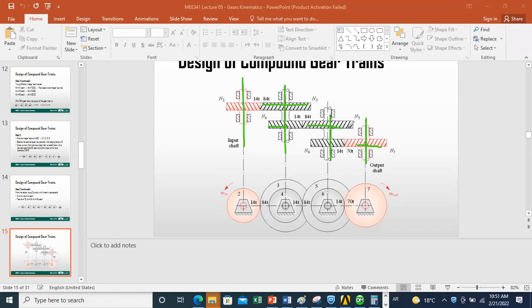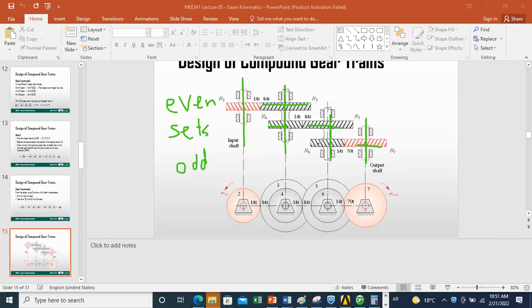And to know if the angular velocities are in the same direction or opposite direction, you should look at the number of sets. When you have an even number of sets, you will have the same angular velocity direction. However, when you have an odd number of sets, the angular velocities will be of opposite direction.